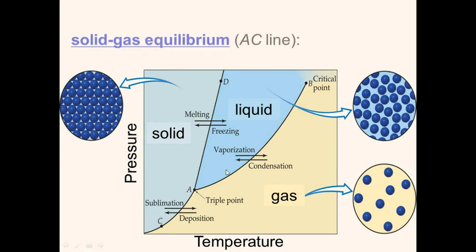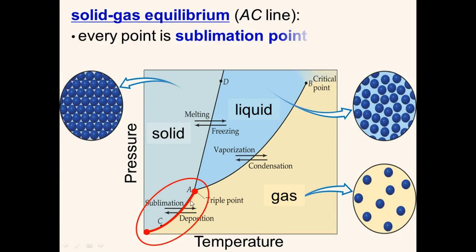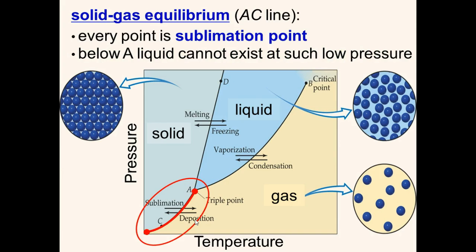And then we have the last line, which is called the solid-gas equilibrium line, or this line AC here. Every point is a sublimation slash deposition point. Sublimation is from solid to gas. Deposition is from gas to solid. So same thing.